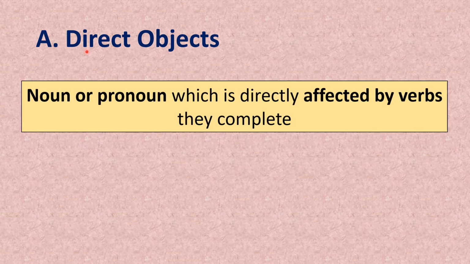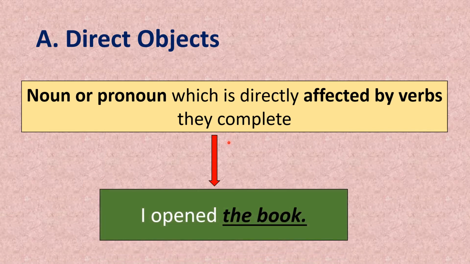Let's talk about the first type, which is direct objects. You can define it as a noun or a pronoun which is directly affected by verbs they complete.